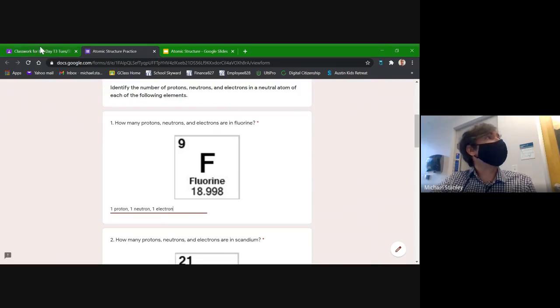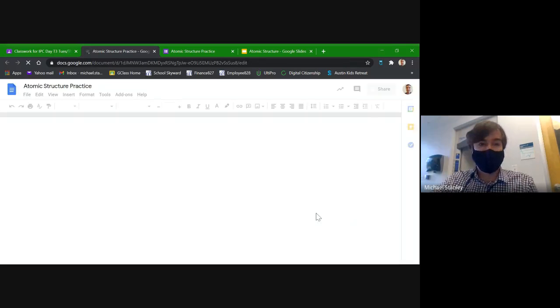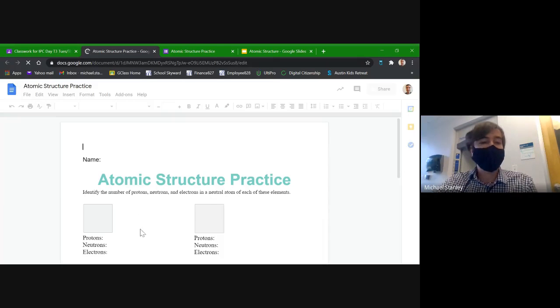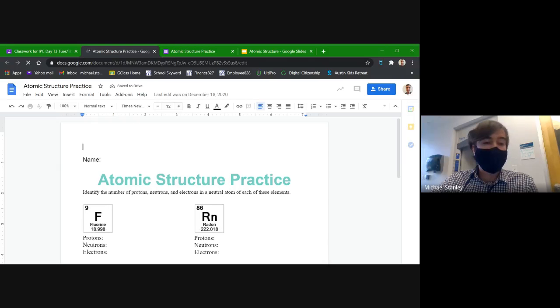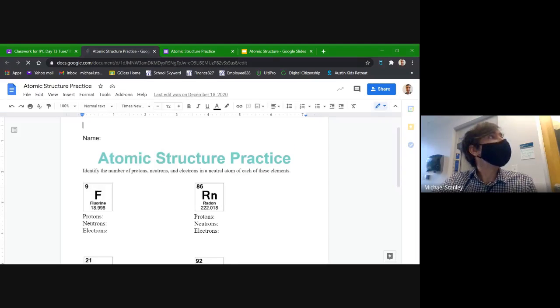On the Google Doc version, it's a little bit easier to fill in just because it already has the name of the particle written out for you. You just have to go in and fill in right next to each one and say, all right, I think that fluorine has 1 proton and 1 neutron and 1 electron.